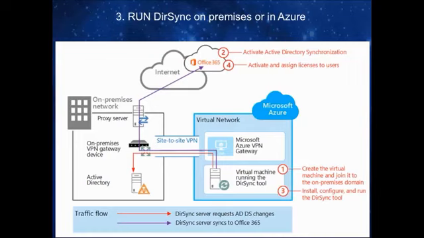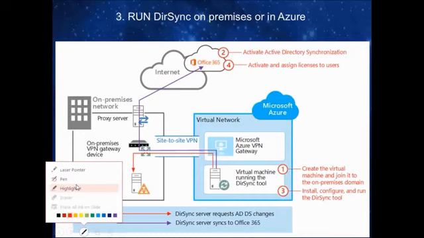That's why you need a site-to-site VPN from your Azure portal down to the on-premises network. Step two, activate Active Directory synchronization. This you must do anyway. Just click it from the GUI inside the Office 365 tenant, or you can do that with PowerShell. Then step three, install, configure, and run the DirSync tool.